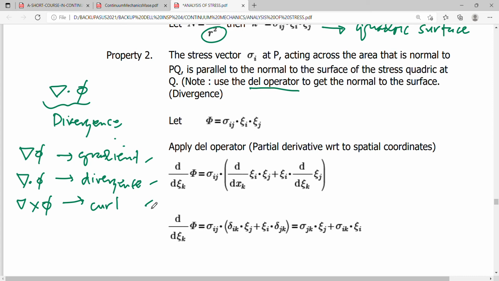So we will deal with the applications of this later. We're still on the process of customizing ourselves to such operations. But when I say del operator, I mean a dot product of the del operator with your function.